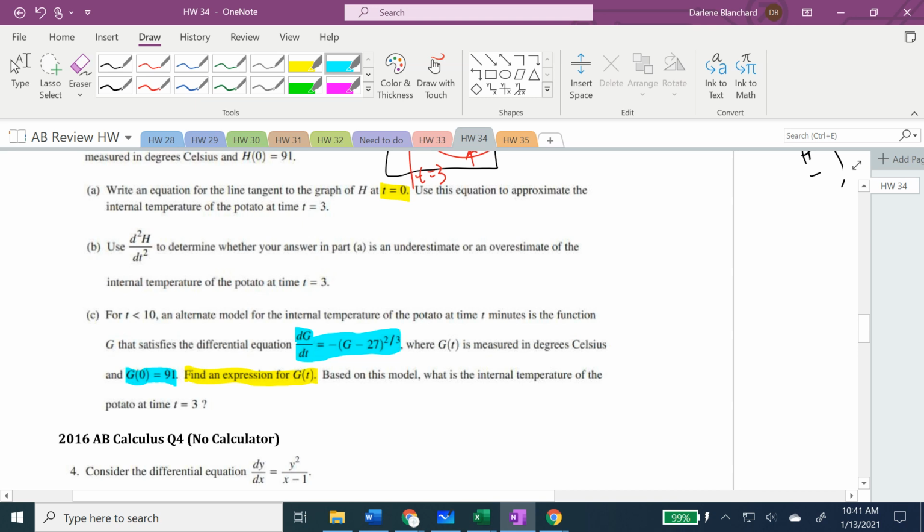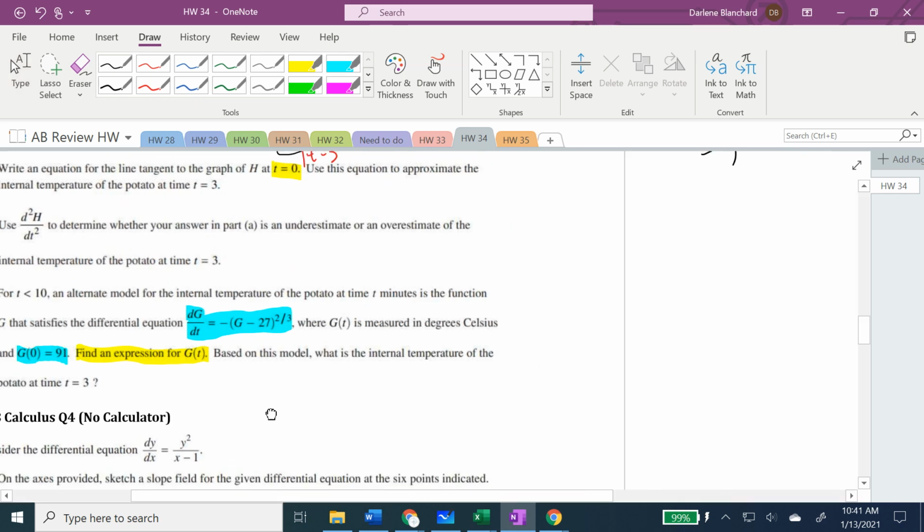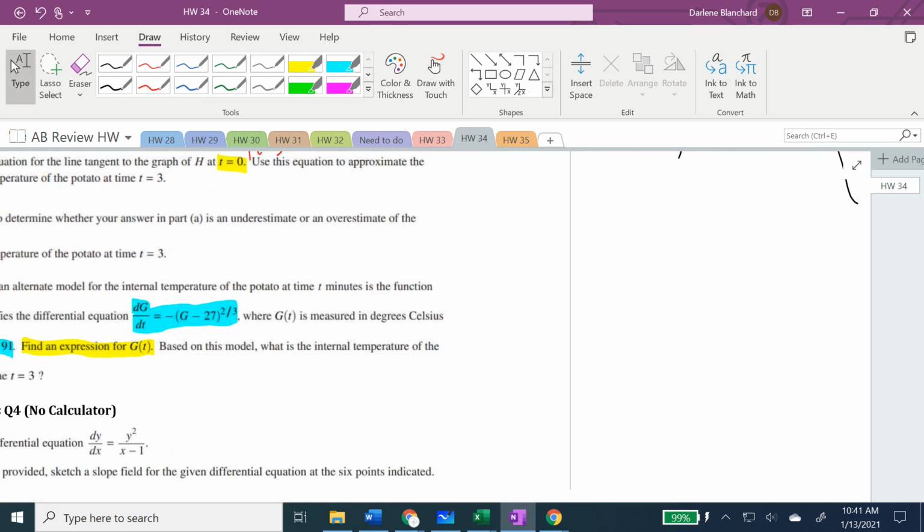You can then find an expression by separating the variables. When I separate the variables, I am going to divide g minus 27 to the power of 2/3 over to be with the dg, and that will leave me a negative when I multiply the dt over to the right.